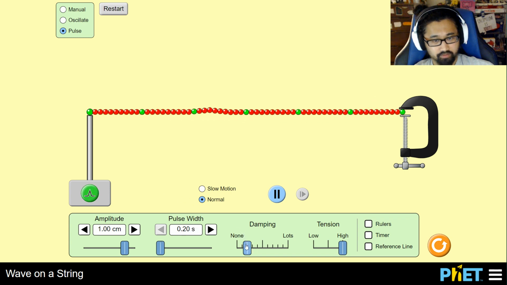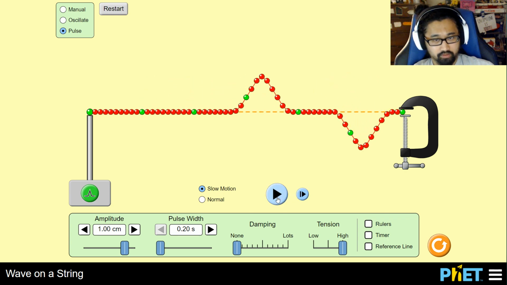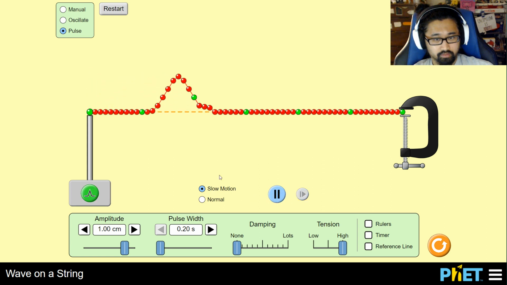Oh man, that's as small as the pulse width goes. Okay, that's fine. Let's go slow motion. Alright, so, fairly classic question. And I should try to... Ooh, I know what I should try to do, actually. Nope.